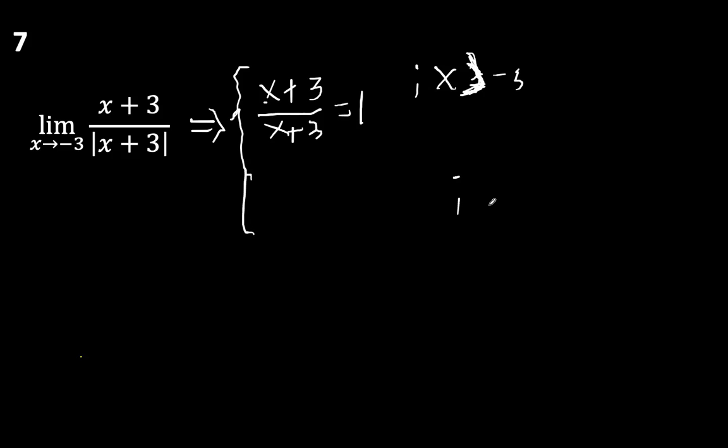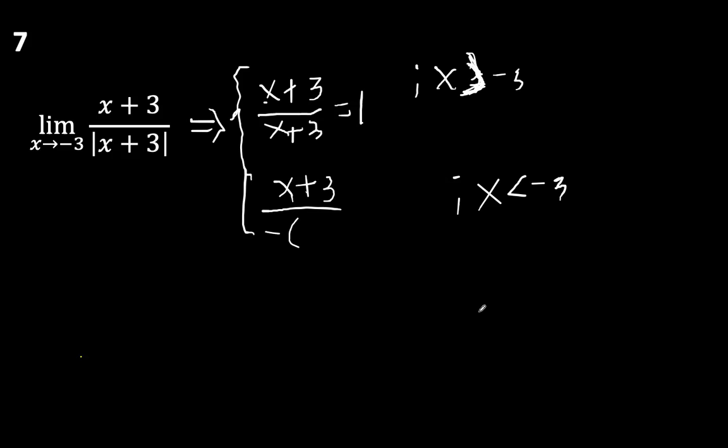So this becomes (x plus 3) over (x plus 3), which is equal to 1, right? And how about if x is less than negative 3? Here we go, we have x plus 3 over the absolute value. If x is less than negative 3, the inner value becomes negative, and since it's an absolute value, we need to convert it to positive by multiplying it by negative 1.